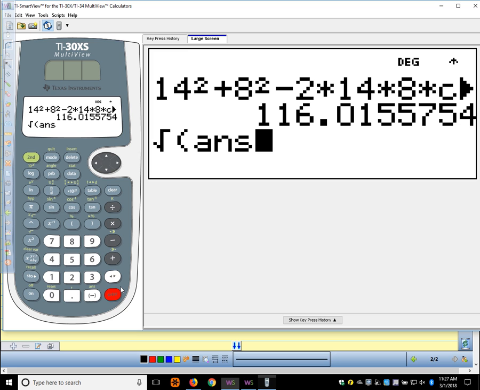And there's my 10.77 that I rounded to 10.8. Your square root is usually a shifted button by your x squared button, and on your Texas Instruments calculators, the answer button is the shifted button from this minus.